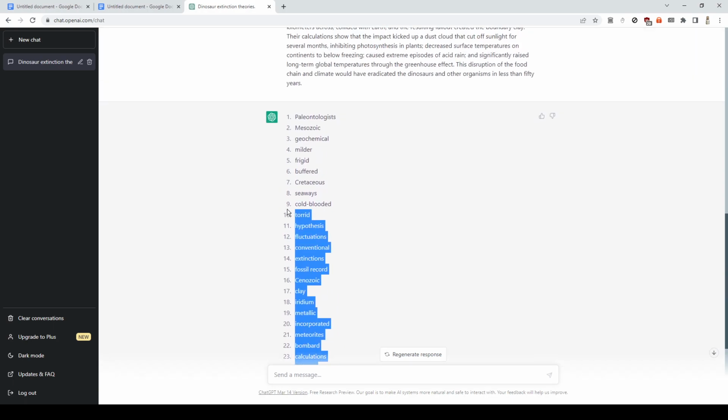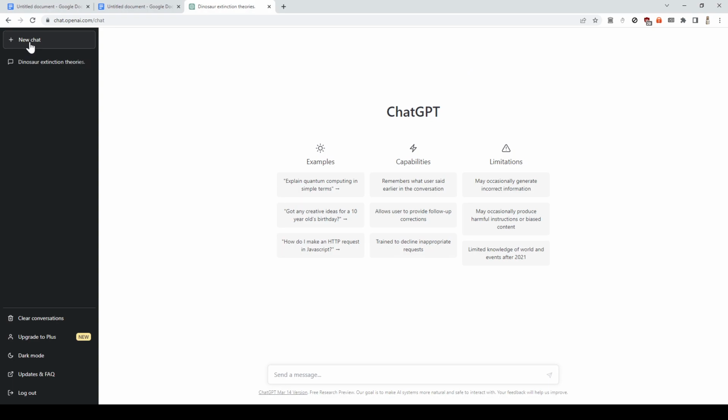So the next thing I'm going to do is copy them over, and I'm going to open up a new chat. I've been told that if you start a new chat for each thing, it's probably a good idea because you don't want your output polluted by the other requests you've made, maybe. So I've got a list of words, and now I want some practice materials, some things I can read to really memorize the words in a fun and interesting way.